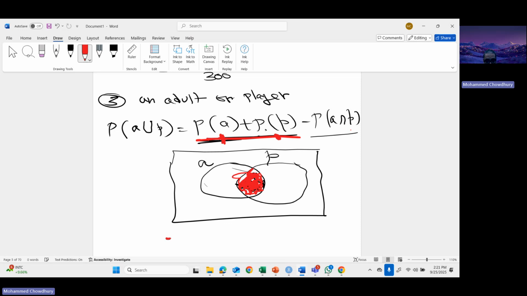So now an adult or player. So probability of an adult, there are 200 adult out of 300.